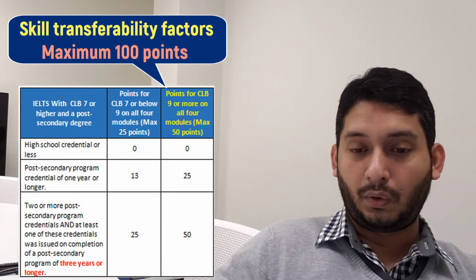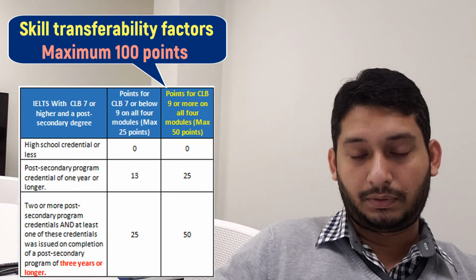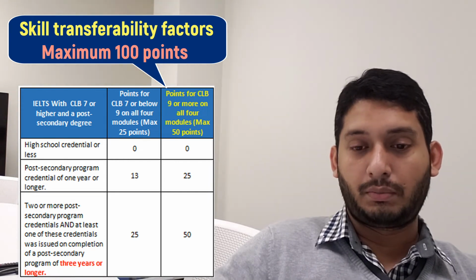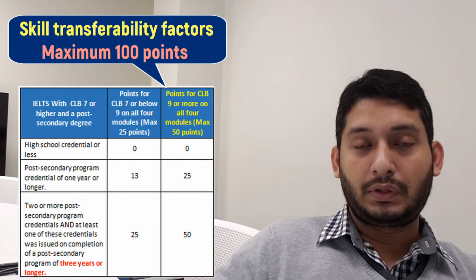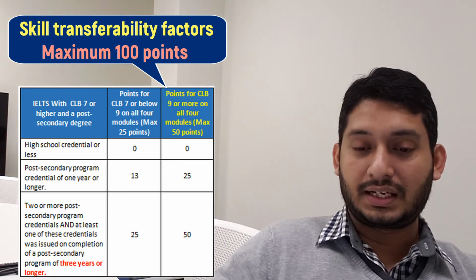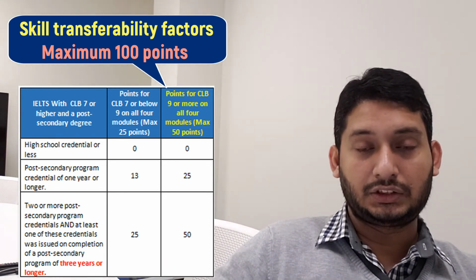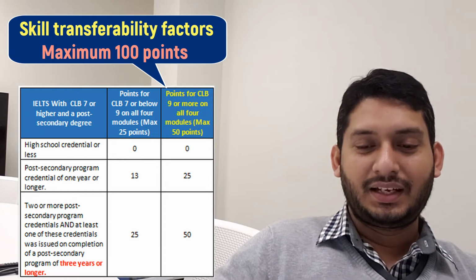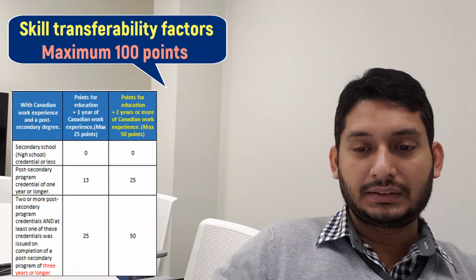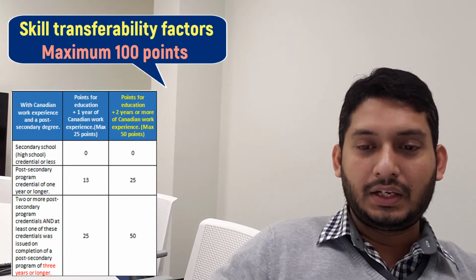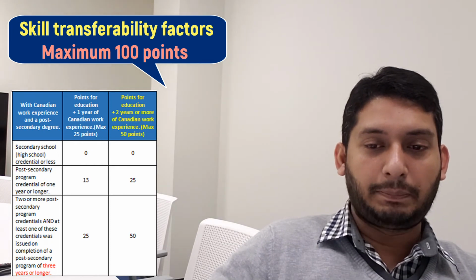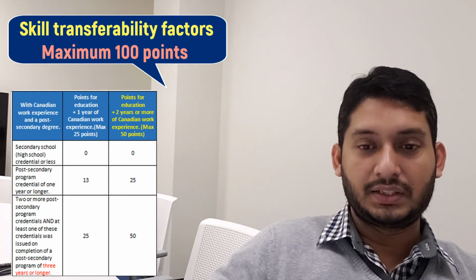For the second row, I've highlighted a couple of words, like 3 years or more. So please make sure that if you're claiming 2 or more degrees, at least 1 degree is 3 years or longer. Then for the Canadian experience, it depends on how many years of experience you have.